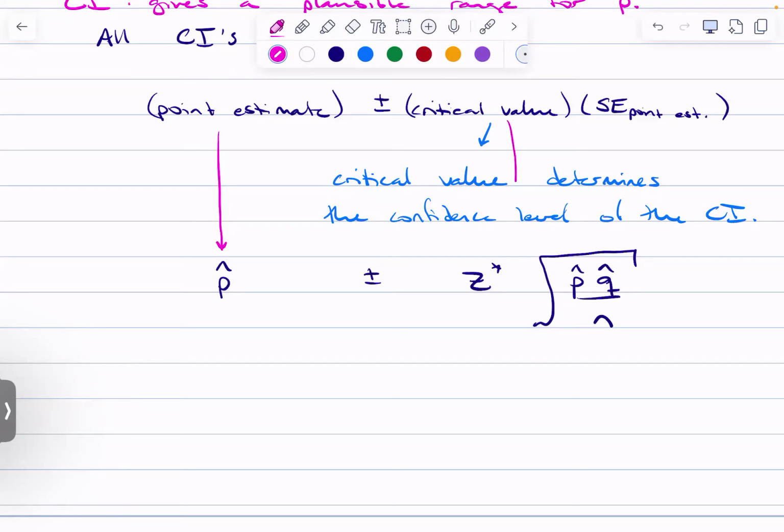My critical value is this Z star. And then the standard error of the point estimate in this case is the standard error of P hat, which is the square root of P hat Q hat over N. And you might recall that Q hat is just 1 minus P hat.